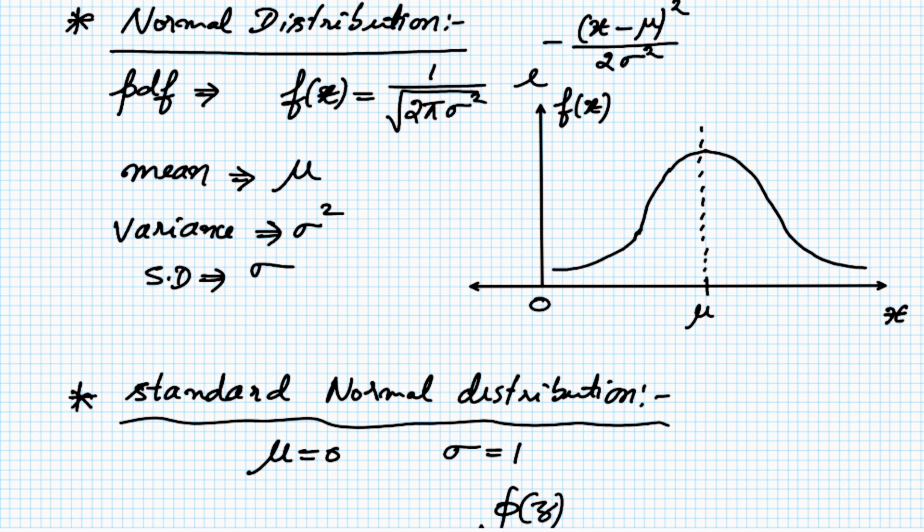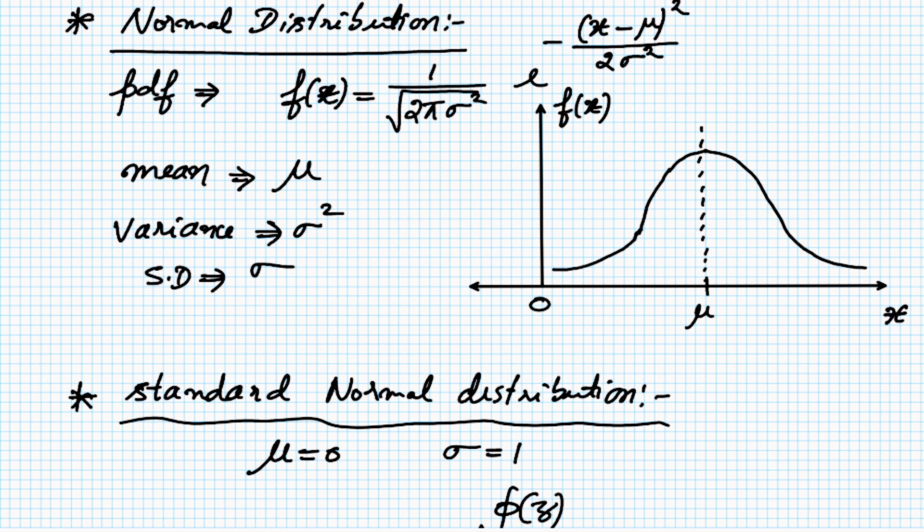This equation we are very familiar with. The class before the previous class, we had written a code to implement that in Python and to visualize a particular random variable which follows the normal distribution.